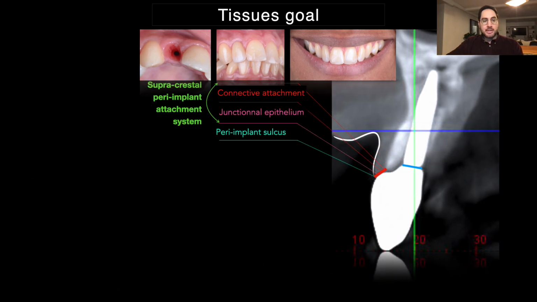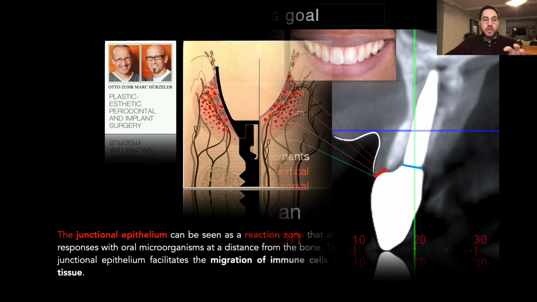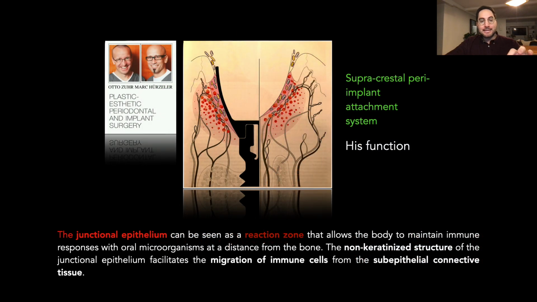So now, take a close look at the supra-crestal attachment system and how it has formed in an aesthetic position thanks to careful adherence to the key principles I've mentioned. The junctional epithelium acts as a semi-permeable membrane, enabling active interaction between the microorganisms in the oral cavity and the host immune system.